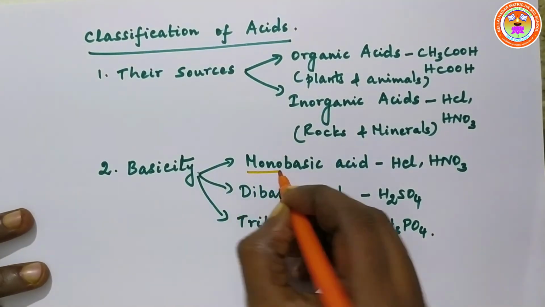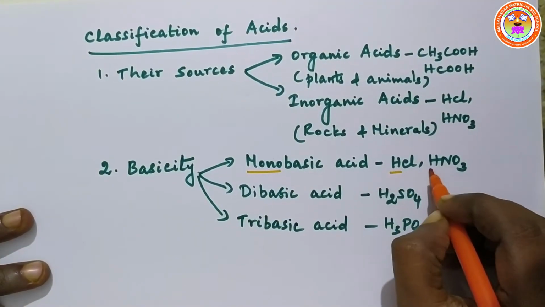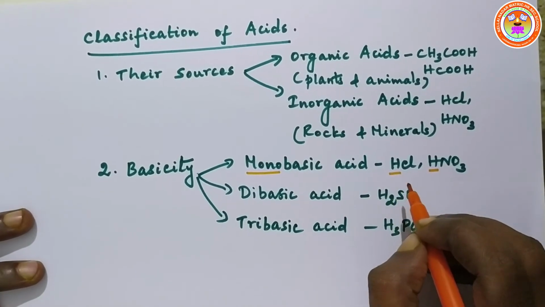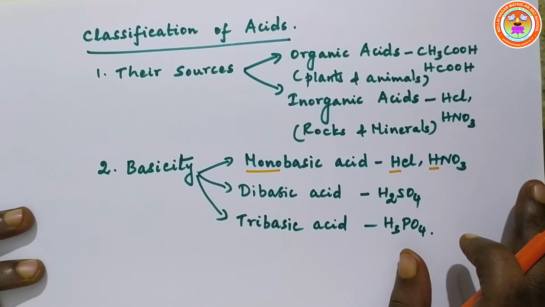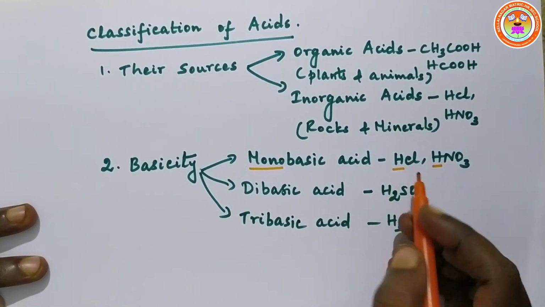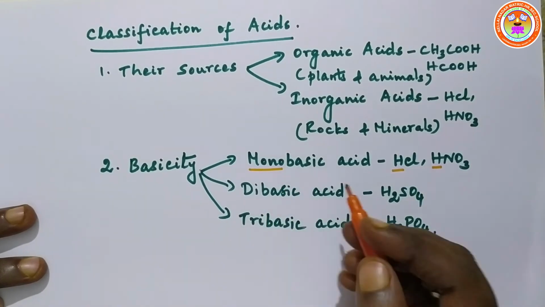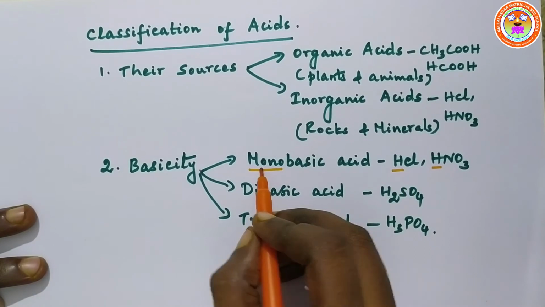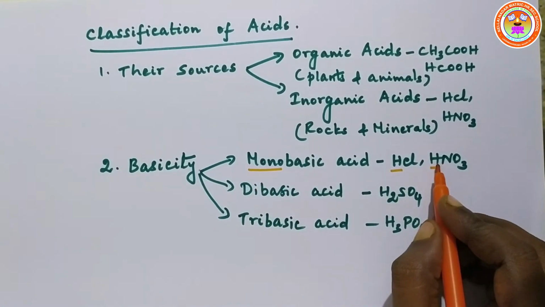Okay, children, now you have to understand a very important concept. In a monobasic acid, only one replaceable hydrogen atom is present per molecule. When one molecule of hydrochloric acid is dissolved in water, it produces only one H plus ion, so it is monobasic. The same is true for nitric acid.